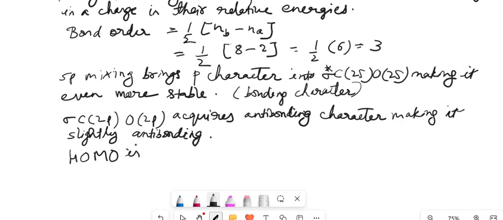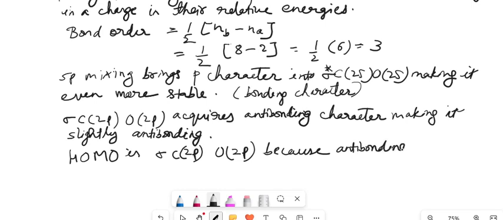The highest occupied molecular orbital is sigma C2p O2p, because the anti-bonding character is introduced in this molecular orbital by the 2s orbital of carbon, through sp mixing.